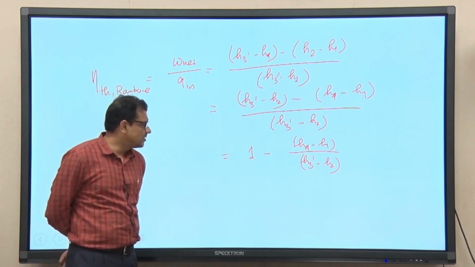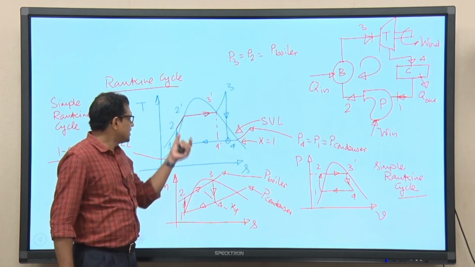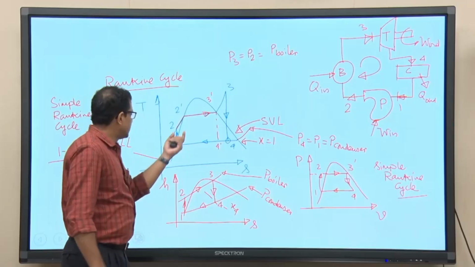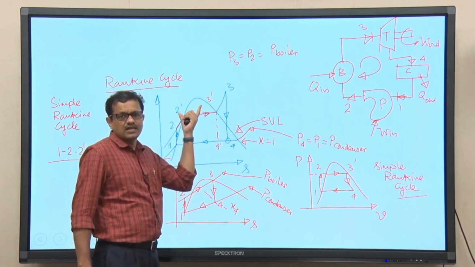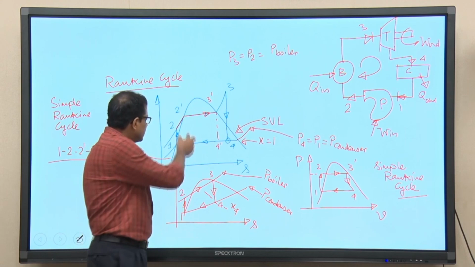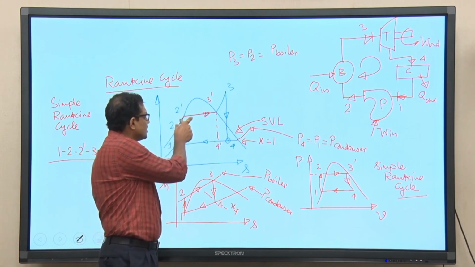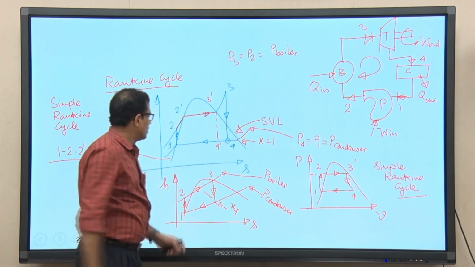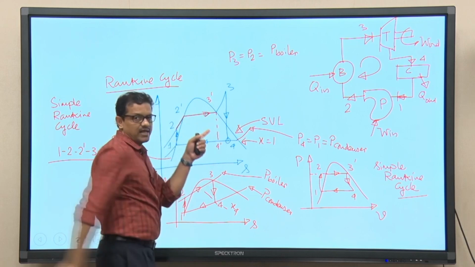Reason is quite obvious, because if we look at this particular diagram, the heat is added not at constant temperature, which was the case for the Carnot cycle, but in this case the heat is added at constant pressure. So, there are two sub parts, one is 2 to 2 prime and next is 2 prime to 3 prime.